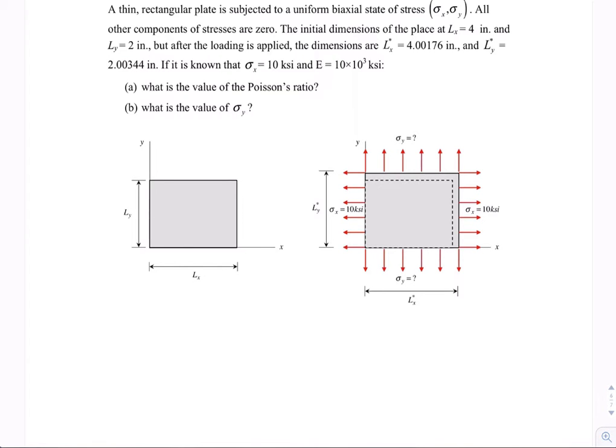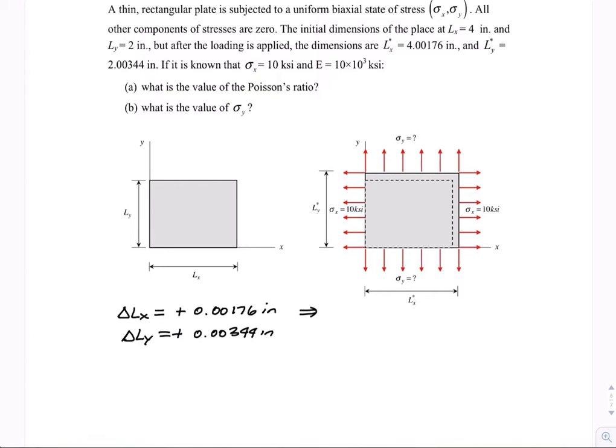So let's first write down some things that we know. It's given that the change in length of the specimen in the x direction is a positive 0.00176 inches, and the change in length in y is a positive 0.0344 inches.